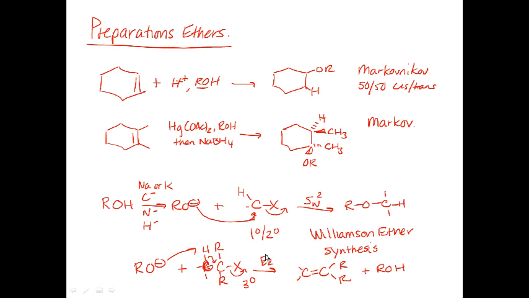So these are the methods that we've seen so far to make ethers from either alkenes or using alkoxides. Now, the other method to prepare ethers is to use two alcohols and react them together to form an ether.